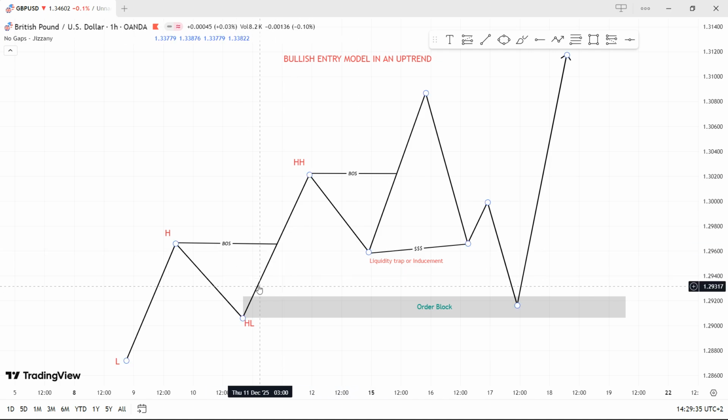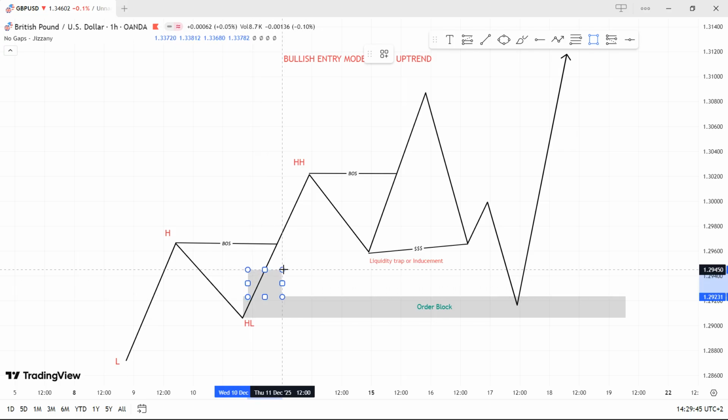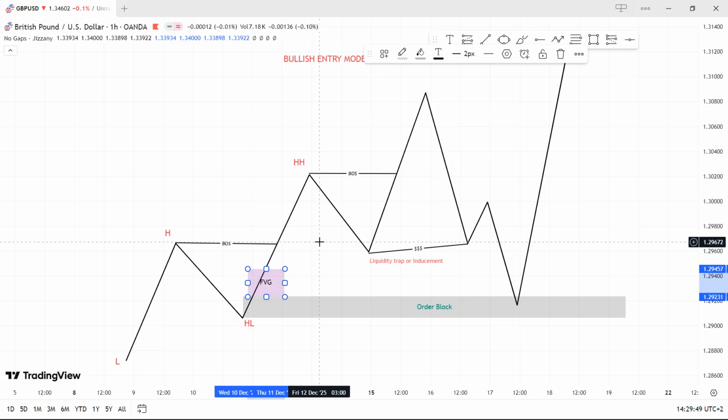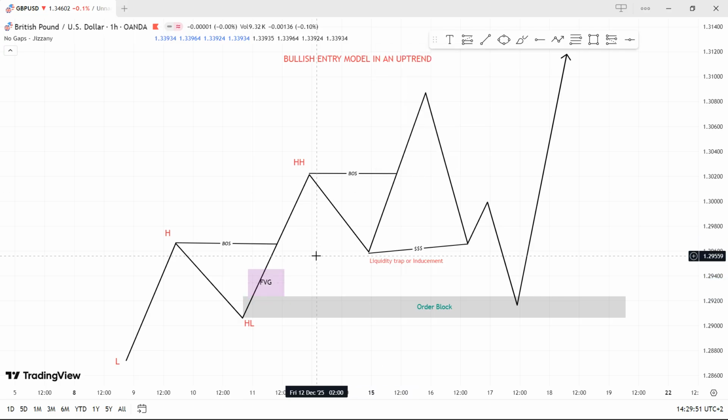Usually those candles leave a gap which they call a fair value gap. So usually you can see it will be right here, the fair value gap. I will explain about the fair value gap and volume in my other videos.